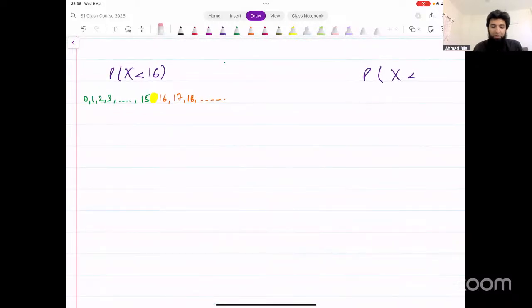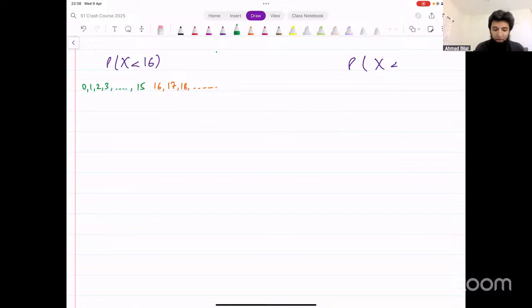A workaround that we have for this is we say, okay, up to 15, we have to include values, and from 16 onward, we do not have to include values. What do we do for the middle region? We divide it into half, and we say, let's have a cutoff point in the middle at 15.5. So values that round off to 15, we will count them. Values that round off to 16, we will not count them.